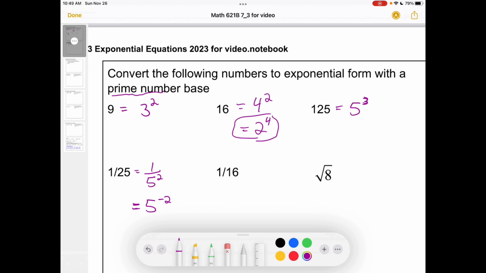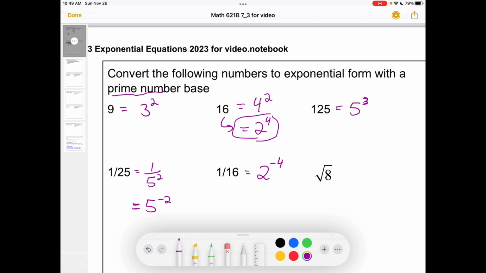So 5 to the negative 2 is 1 over 25. You could try it in your calculator. Depending on your calculator, it'll either say 1/25 or 0.04. They're the same thing. Looking at this next one, we know that 16 is 2 to the 4, so 1 over 16 is going to be 2 to the negative 4.